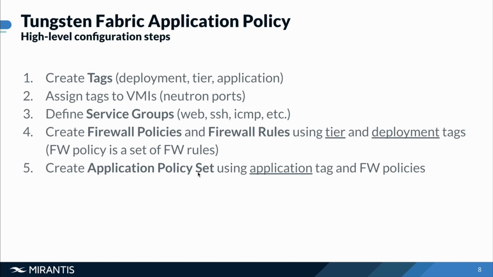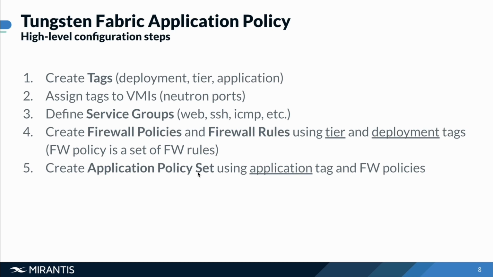Another step is configuration of service groups. A service group is nothing more than a collection of protocols and ports for a specific network service. Once service groups have been created, we can start with firewall policies, which are a collection of firewall rules referencing the service groups and the previously configured tags.